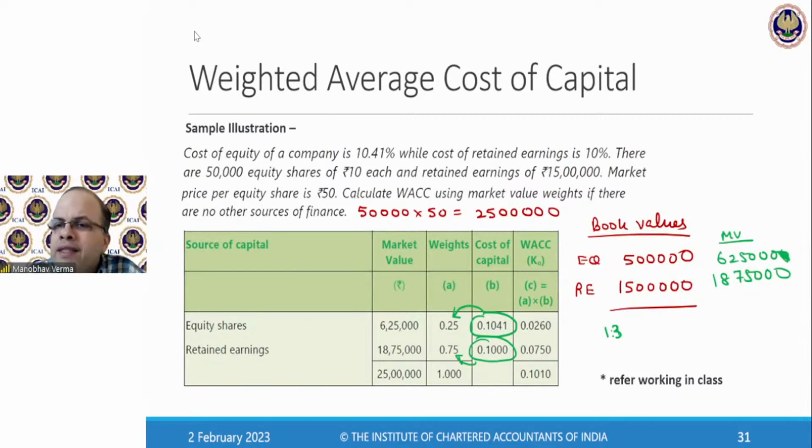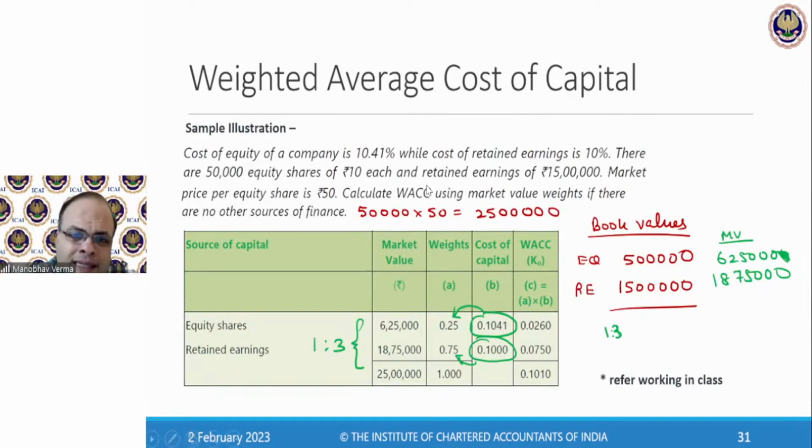One can argue that the ratio will anyways be the book value ratio, because 6,25,000 and 18,75,000 will anyways be 1:3. It's just that because we are applying the market basis, and there could be other sources of finance like preference shares and debentures, you need to have market values split up for all the sources of finance.